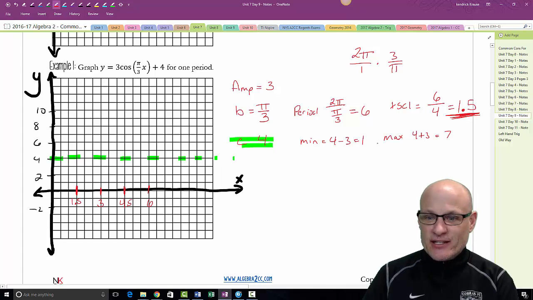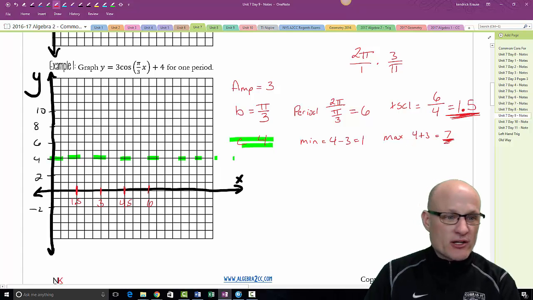Our max is 7, so we're going to start at 7, at 6 here we're going to end at 7, and in between those two we're going to go to a min, which is 1. In between those, at these very important points, 1.5 and 4.5, we're going to have zeros.